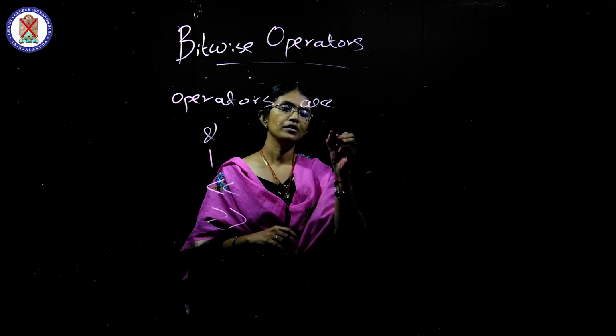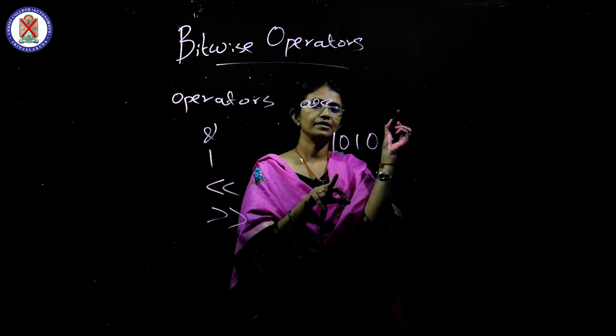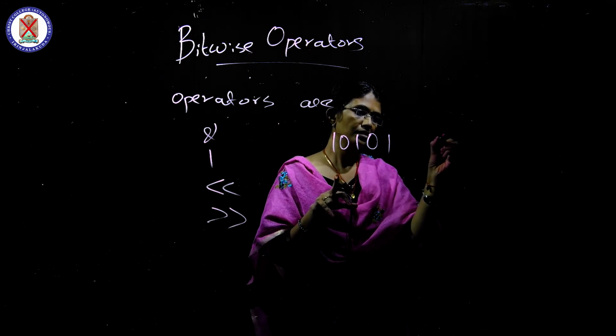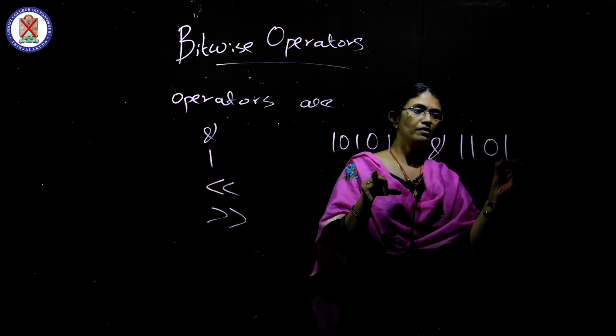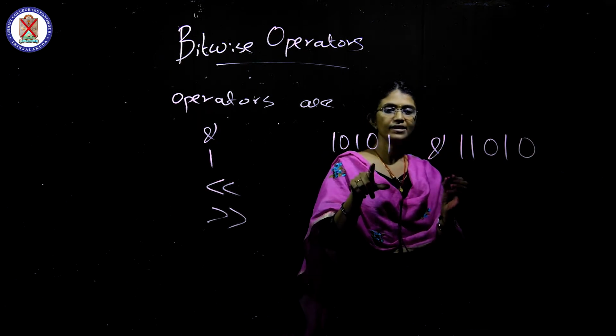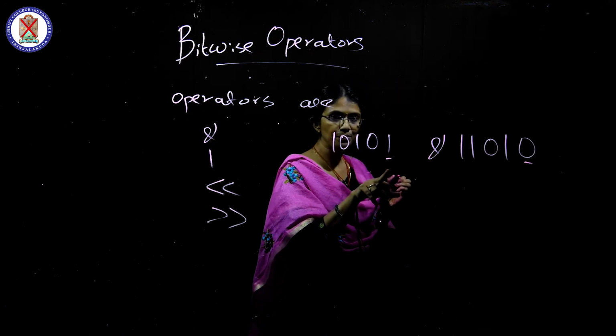For example, we have two values. This is 1 1 0 1 and the other 1 0 1 0. We do the bitwise AND operation.